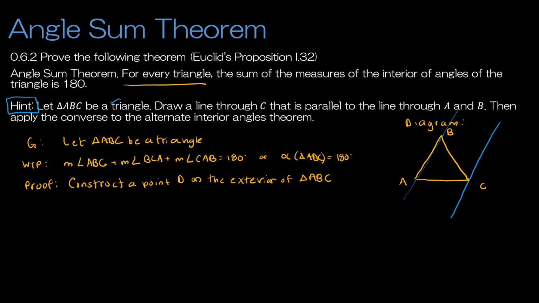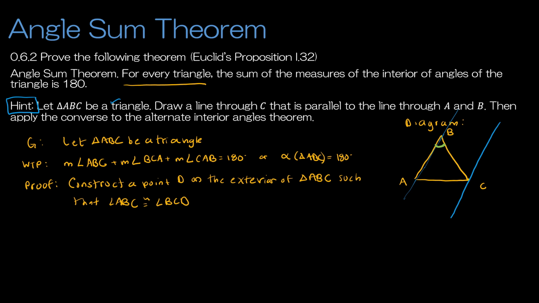No, we want point D to basically construct this line that goes through C. So on the exterior of ABC, such that angle ABC is congruent to angle BCD. So let's think about what I'm doing here, because sometimes it kind of feels like I'm just making stuff up out of nowhere, but here's why. I want angle ABC to be congruent to angle BCD.